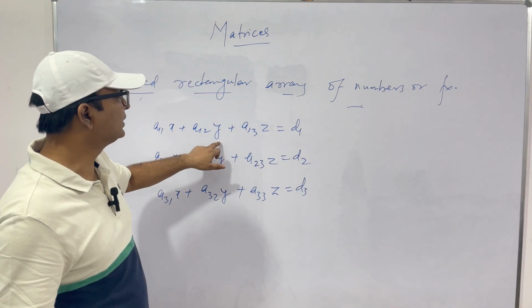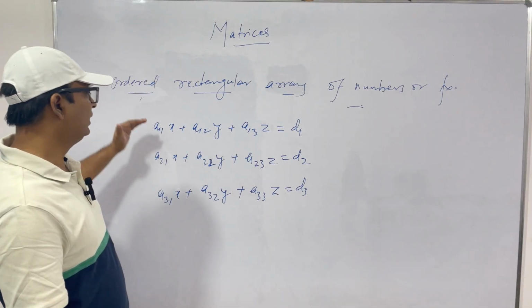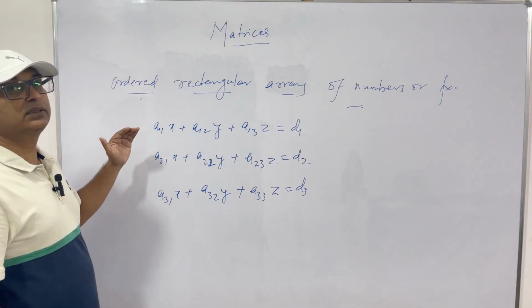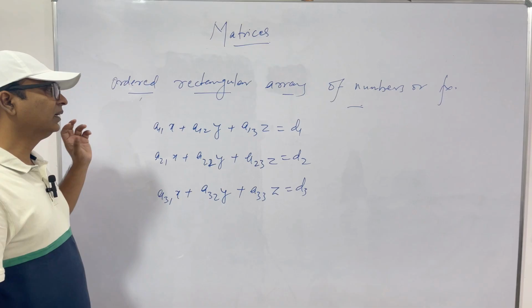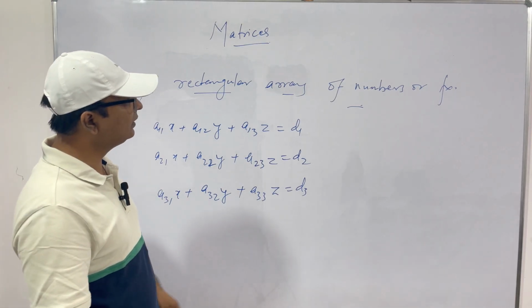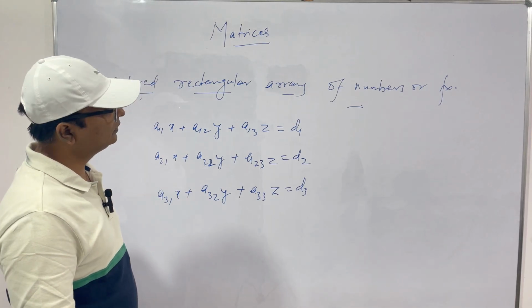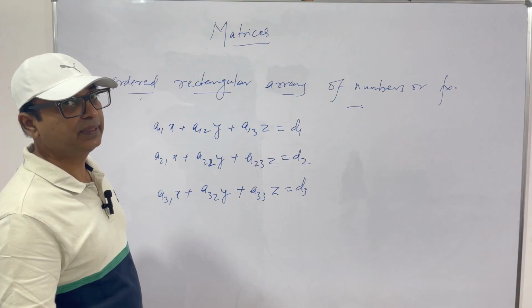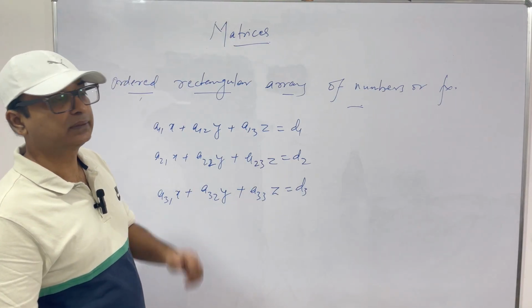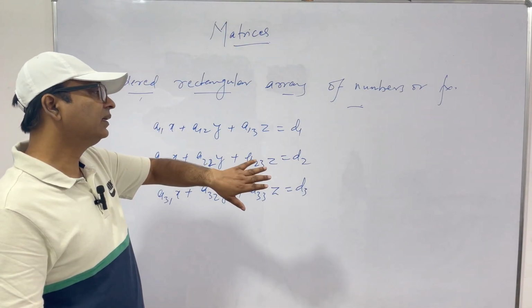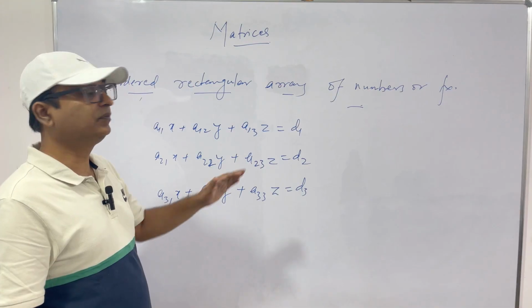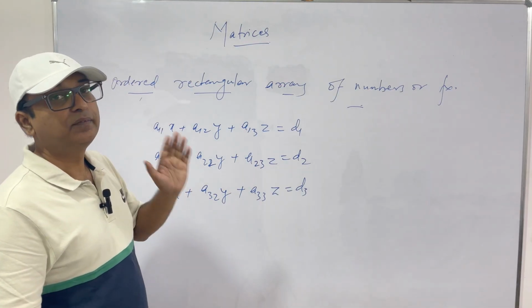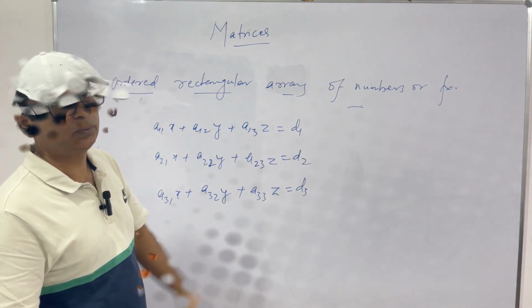We have three variables x, y and z, and we represent these simultaneous equations like this. We can represent it in a more ordered way by use of a matrix, and by the mathematics of matrix we can solve this equation also in a very neat and clean way.